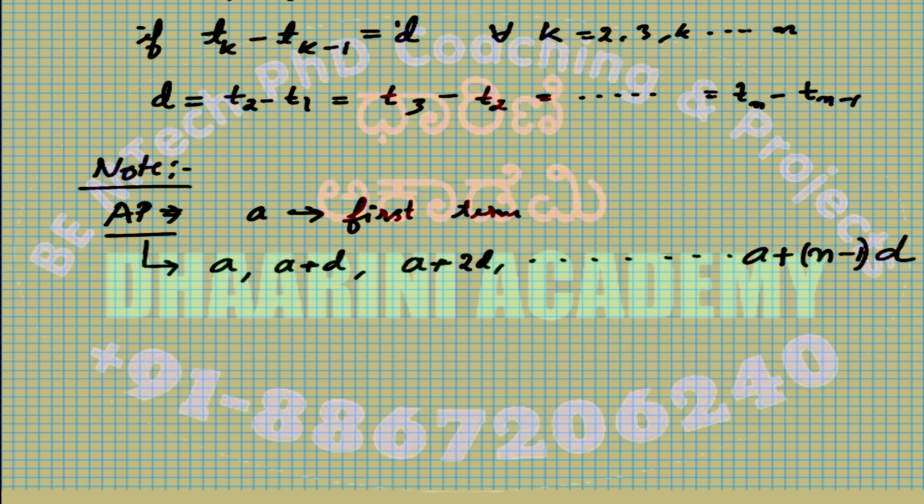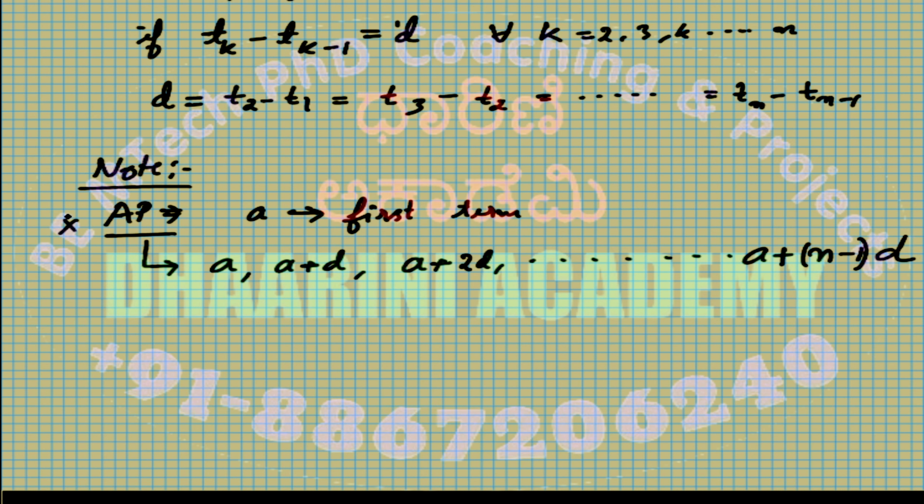In addition, the common difference D in an arithmetic progression can be positive, negative, zero, or imaginary. That's another point to remember.